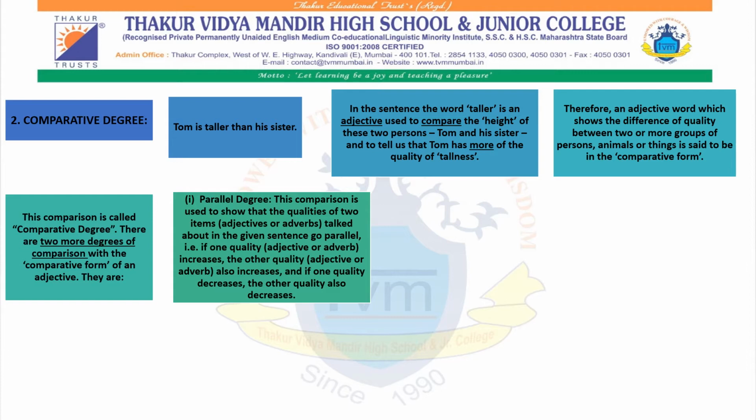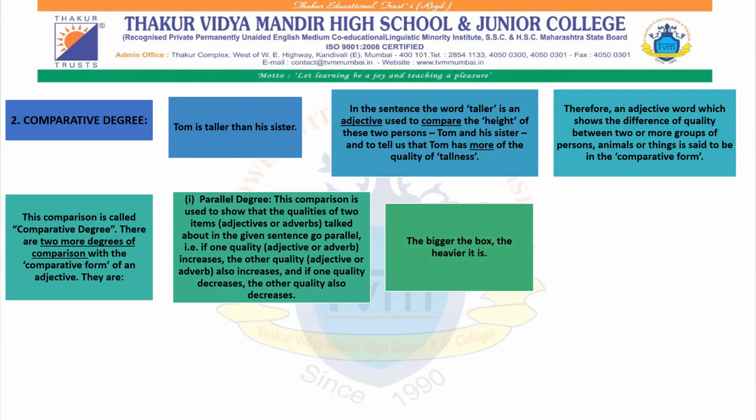That is, if one quality, be it adjective or adverb, increases, the other quality also increases. And if one quality decreases, the other quality decreases as well. Let's see the example. The bigger the box, the heavier it is.